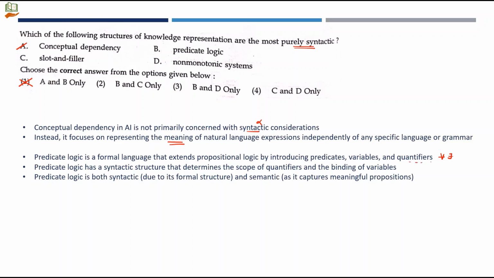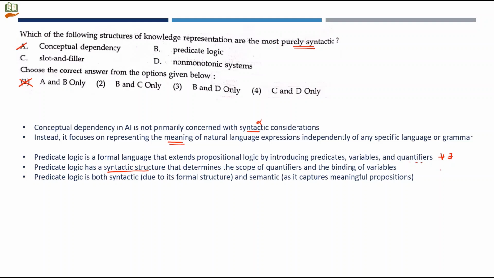It is made up of conjunction, the and operator, disjunction, the or operator, then negation, the not operator. So it is extended by the use of quantifiers. It has a syntactic structure that determines the scope of quantifiers and binding of variables. So there is a rule to frame predicate logic. It is both syntactic and semantic.